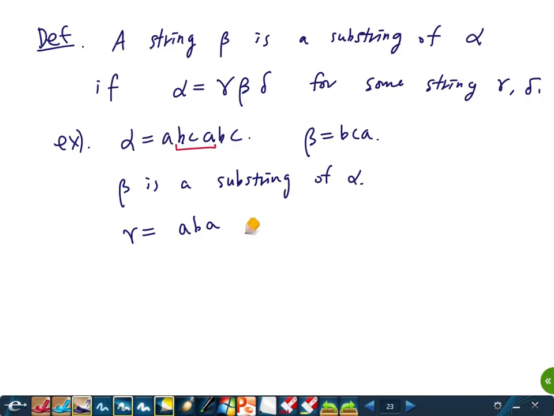Is this a substring of alpha? Try to see if you can find ABA by reading alpha. No, you don't have it there. It is not a substring of alpha. Of course, A, B, A are there, but they are not consecutive, so we don't think of this as a substring.